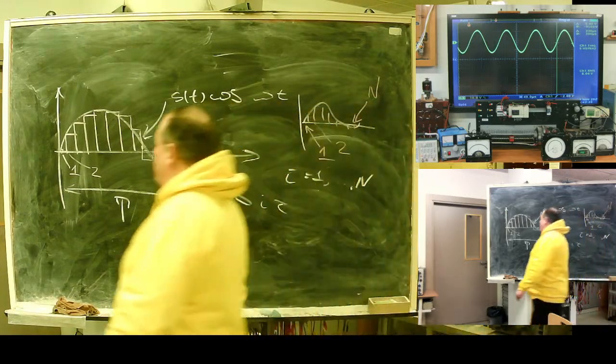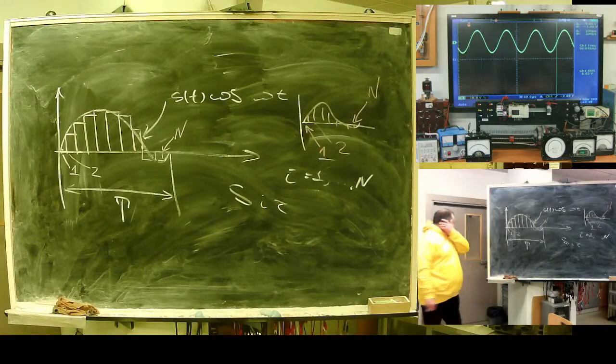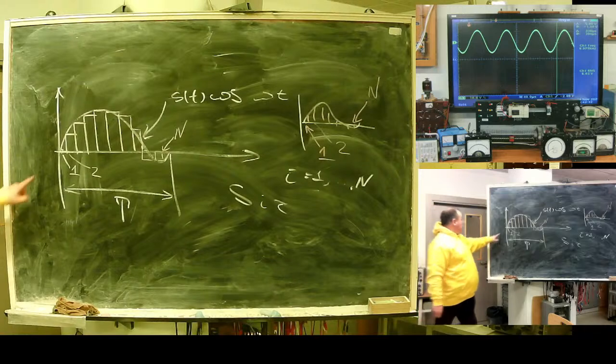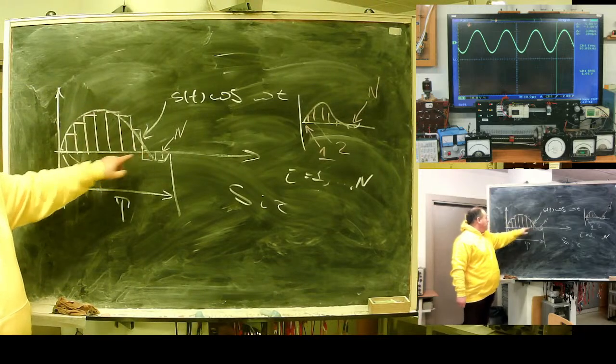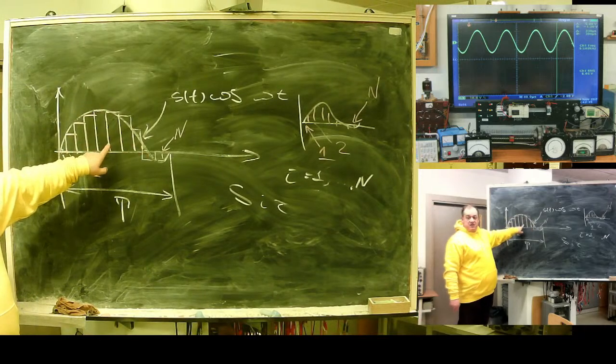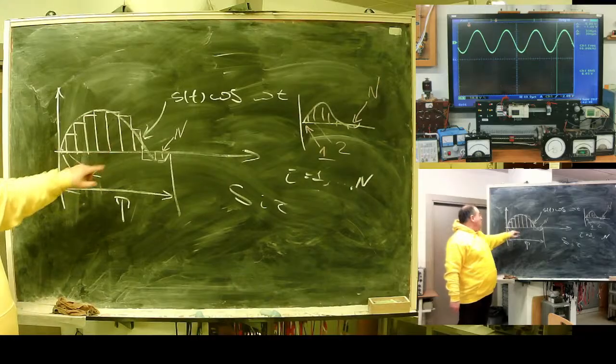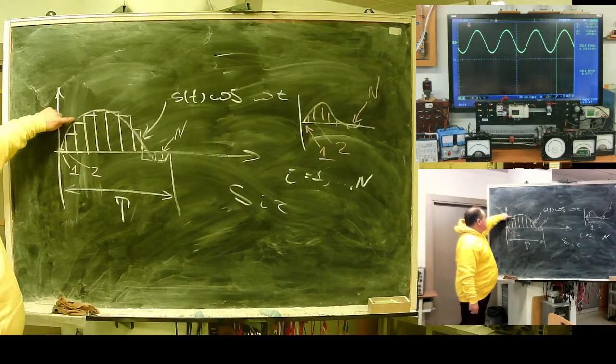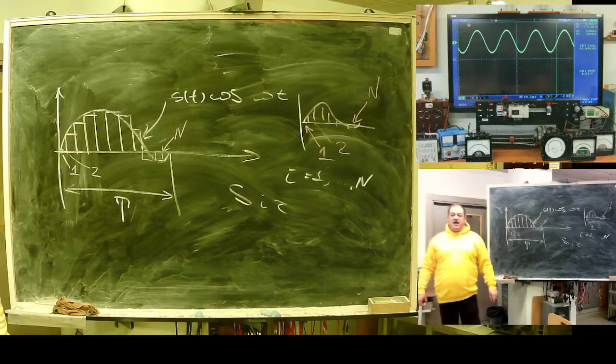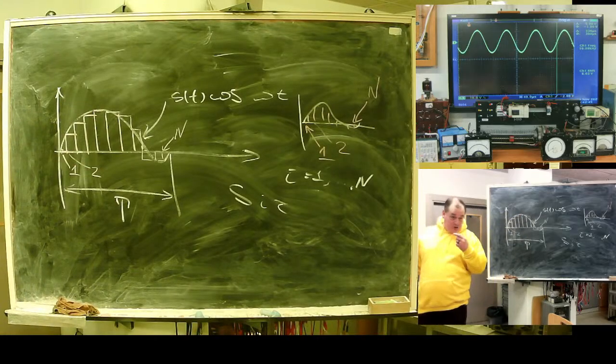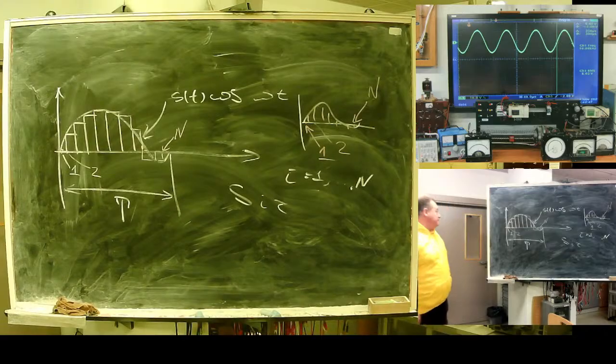So, you know what I will try to do? I will attempt to substitute the area of the white figure with the sum of these rectangle areas. I know this point, this point, this point, they are measured with the analog to digital converter. I have them.